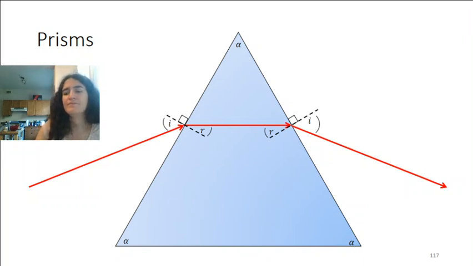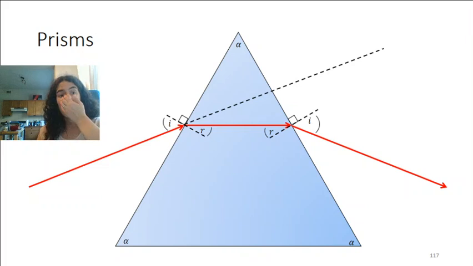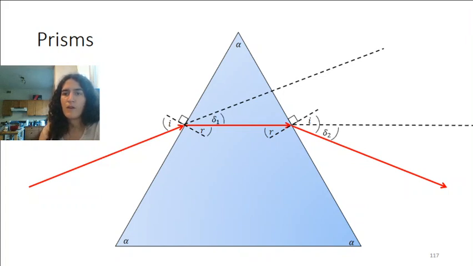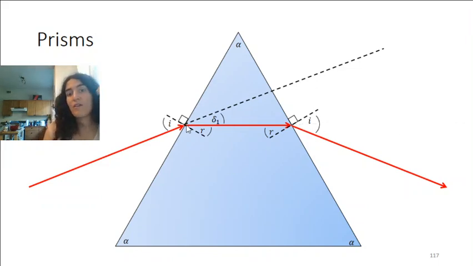Okay, so how would I represent how much the light has been deflected by this prism? I want to find the difference in angle between the incident ray and the outgoing ray. So that would be this angle. How much is the light deflected initially?